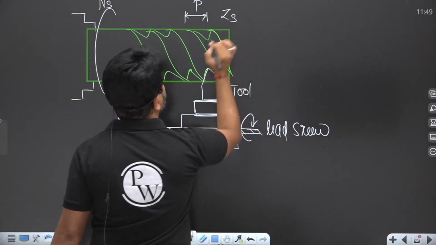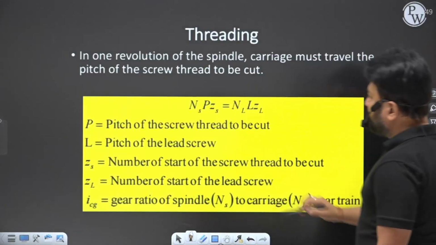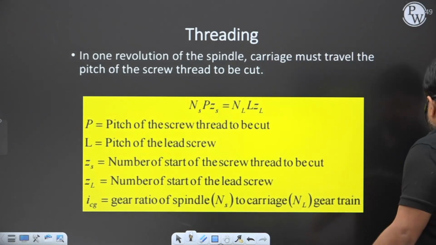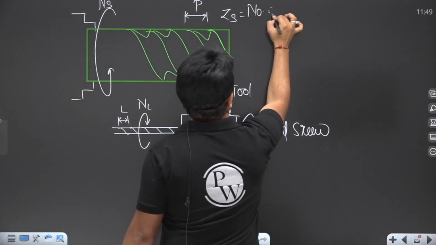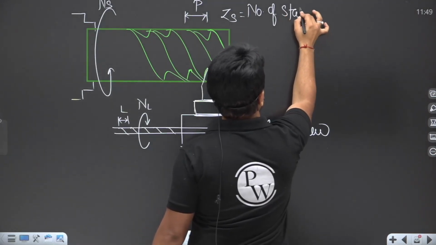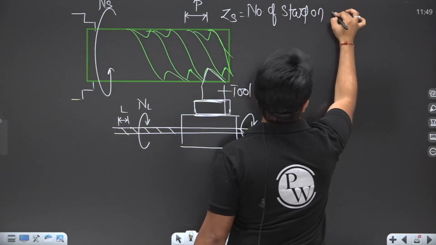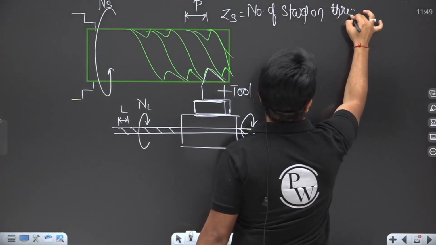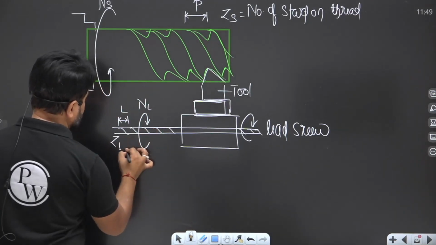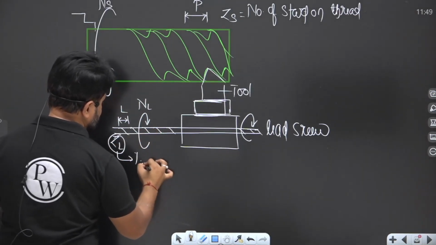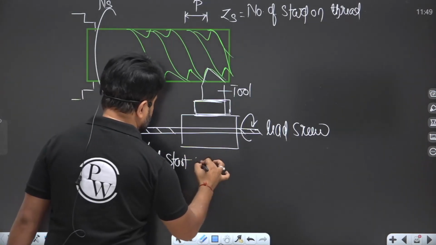ZS is the number of starts on the screw, on the thread. And ZL is the number of starts on the lead screw.